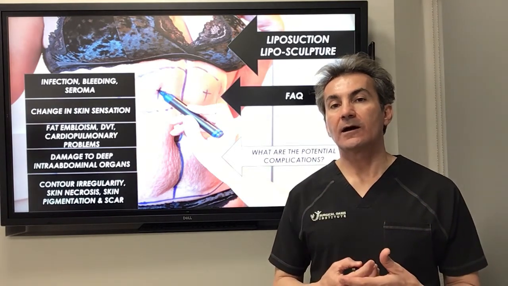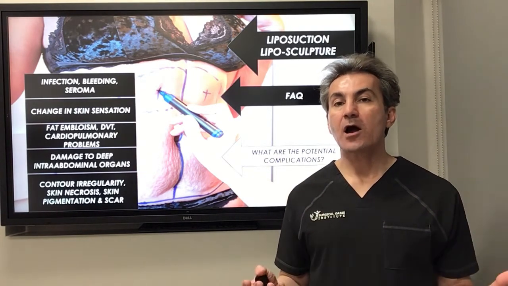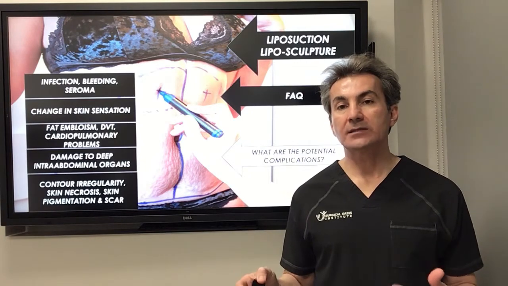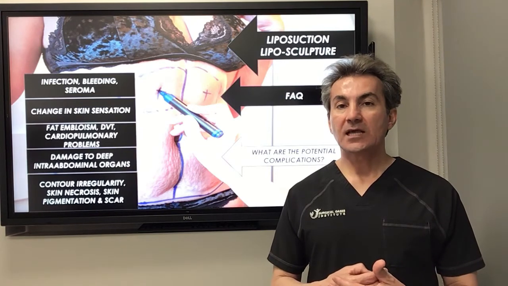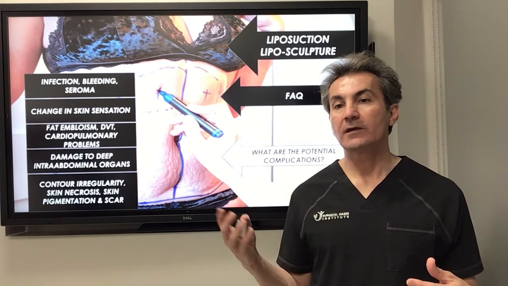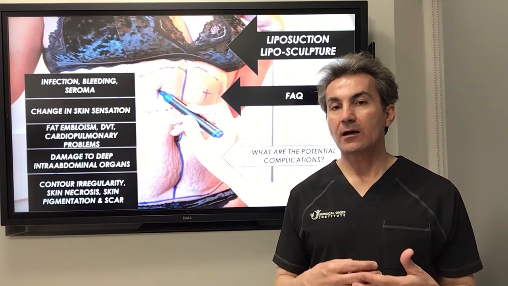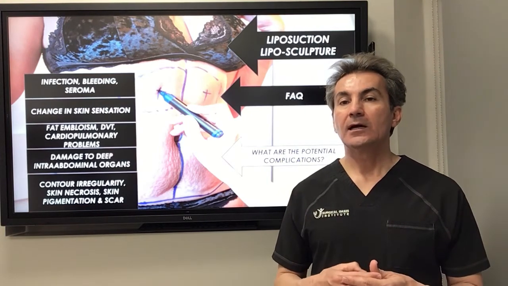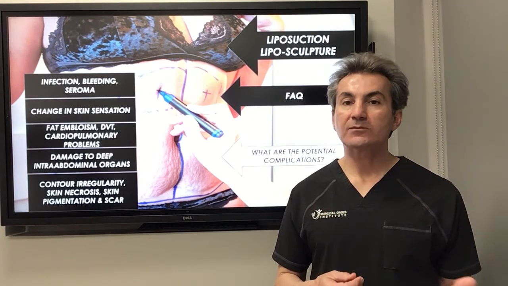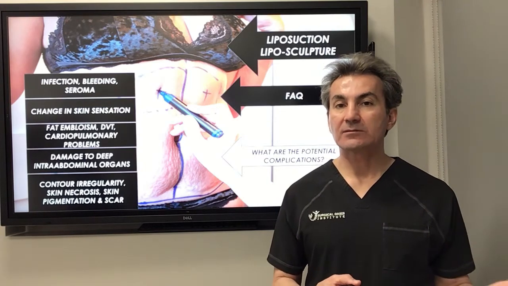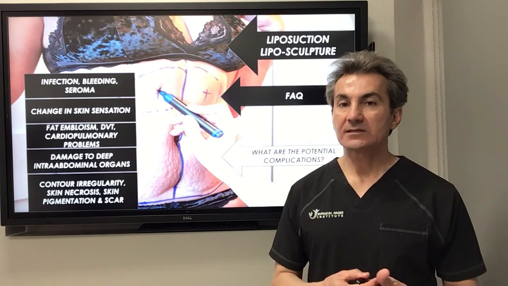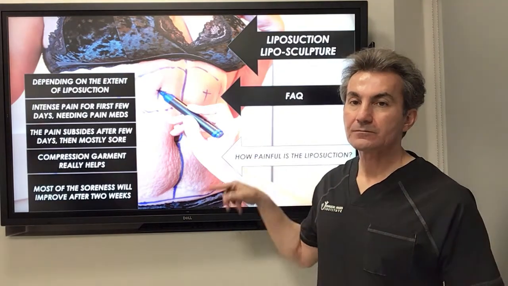Irregularity and unevenness is very common, especially in the first 3 to 6 months, but most of the time it settles down, especially with the safe lipo that I proceed with, and normally they improve significantly after 6 months. But if they have unevenness that stays after 6 months, we can always fix that with a simple procedure.